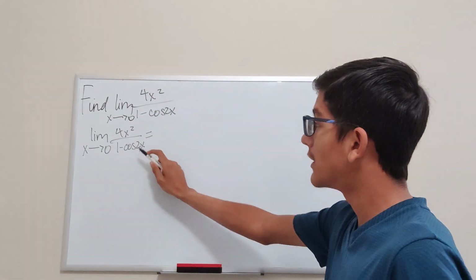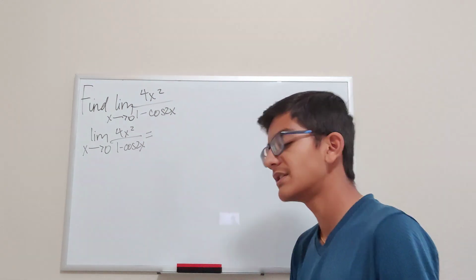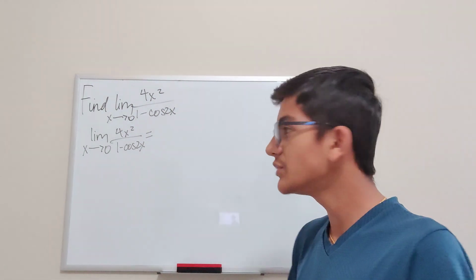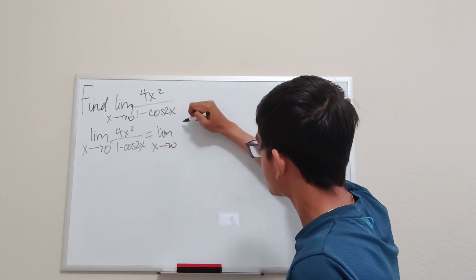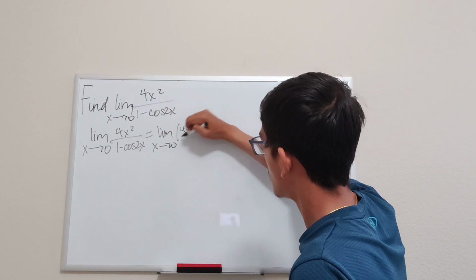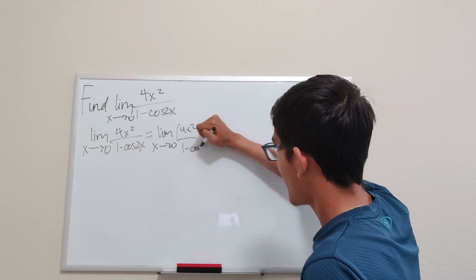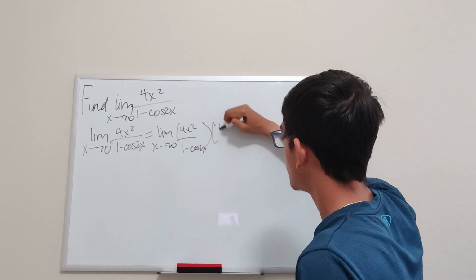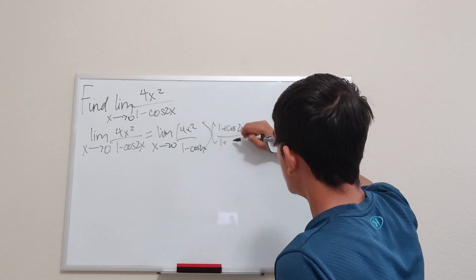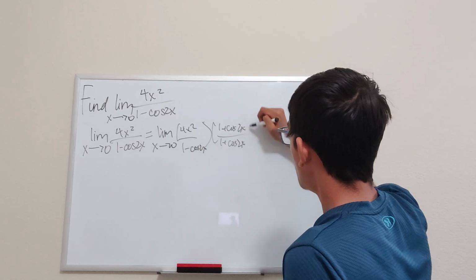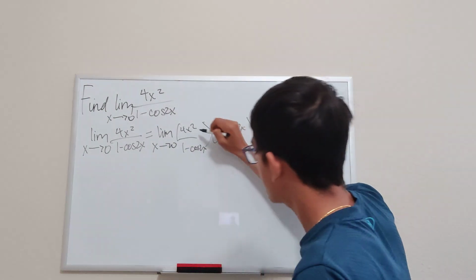The denominator is 1 minus cos 2x, so the conjugate will just be 1 plus cos 2x. And remember, when you multiply with the conjugate, you have to do it on both the numerator and the denominator so that it is still equal to 1, and that means that the limit is the exact same.